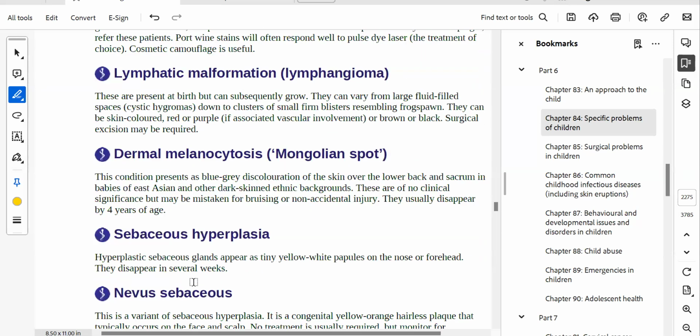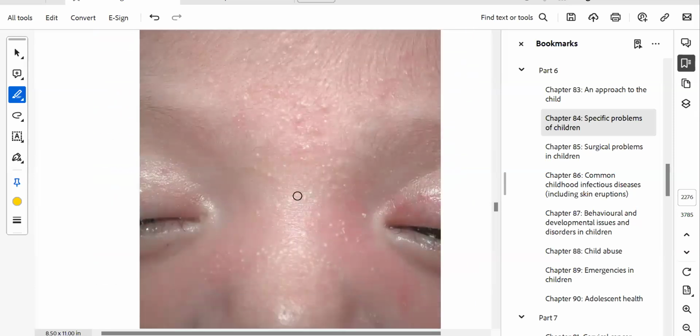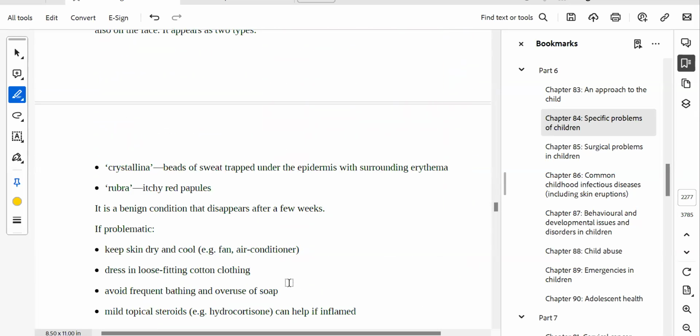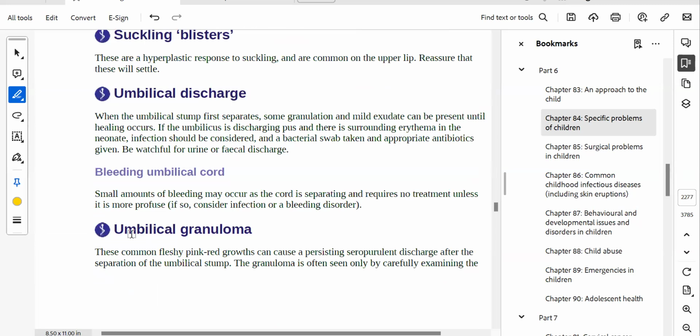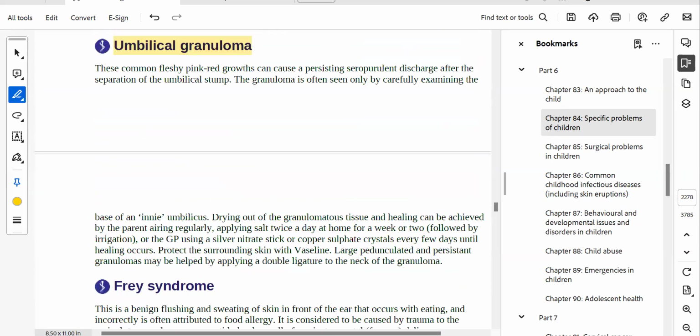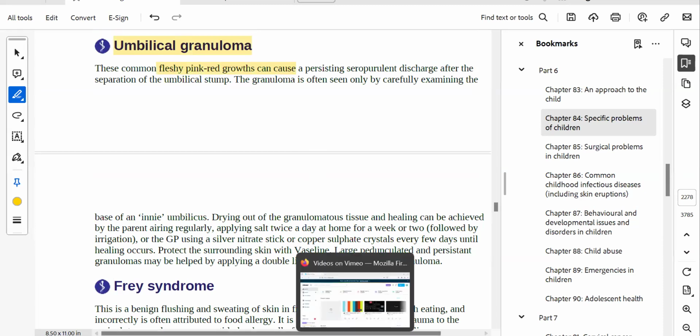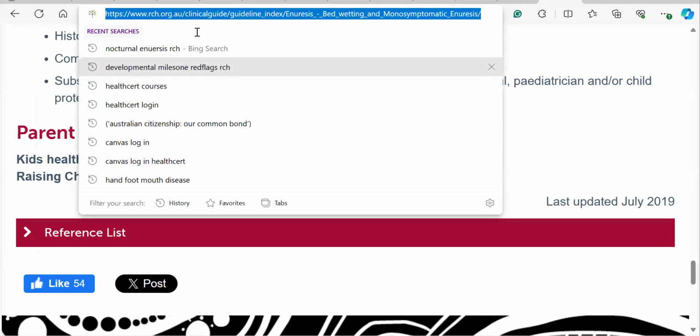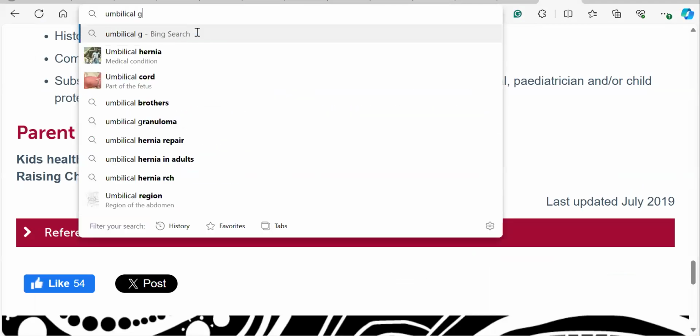Then there is port wine stain. You can look at some milia, very commonly seen. Umbilical granuloma that comes in exam. So if you know what umbilical granuloma looks like, it's a fleshy pink red growth around the umbilicus. Looks like this.